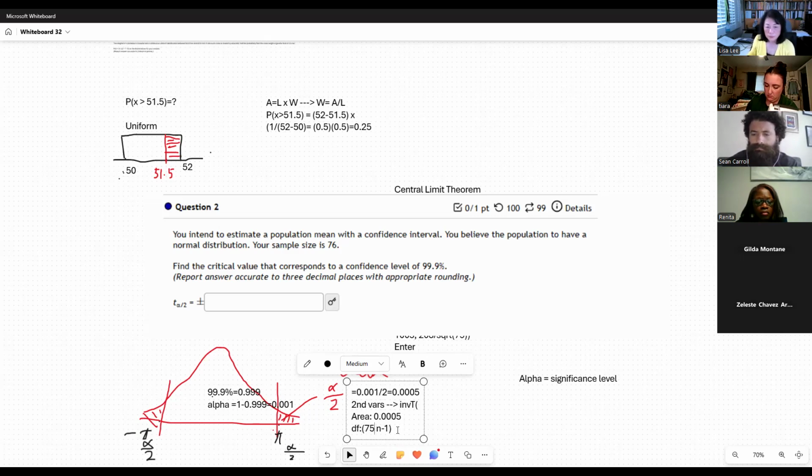So you type in the degree of freedom as 75, then paste, and enter. Hit enter, and it will give you the answer right away.